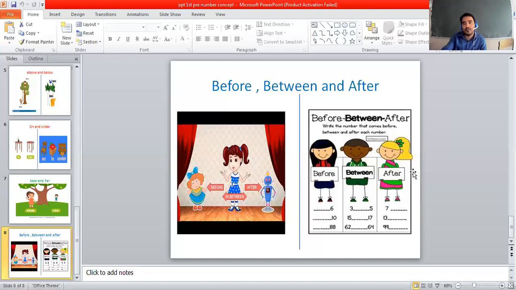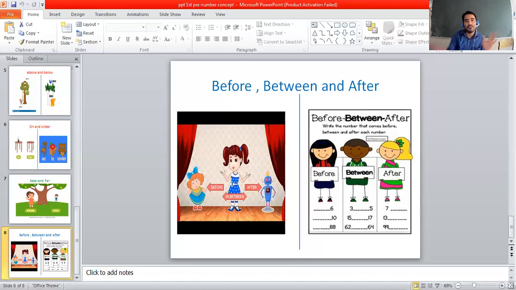Okay, so we have to learn the numbers. So next chapter, the second chapter is numbers. Okay, in the second chapter we have to learn before, between completely. Okay, playing with the numbers, 0 to 20. So in the second chapter we can easily learn before, between, after, understanding the concept completely.